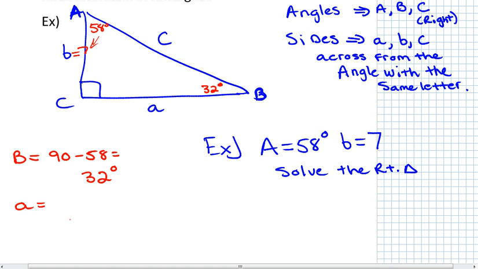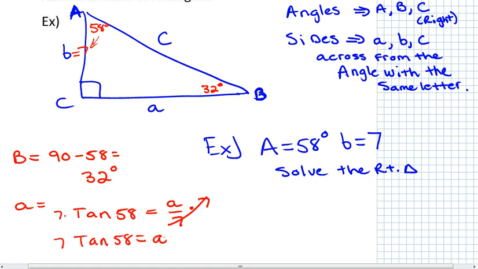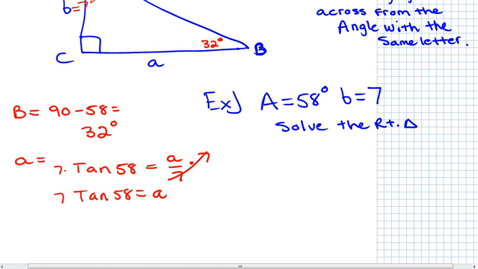So I can set up a trig ratio, tangent of 58 equals a over 7. And then I can multiply times 7 on both sides. So I get 7 times tangent 58 equals a. And therefore, side a equals approximately 11.2.